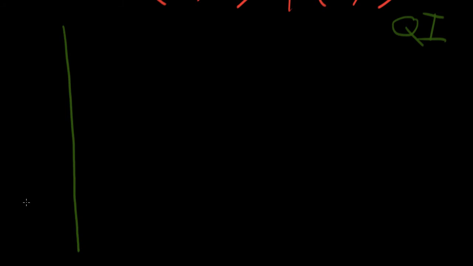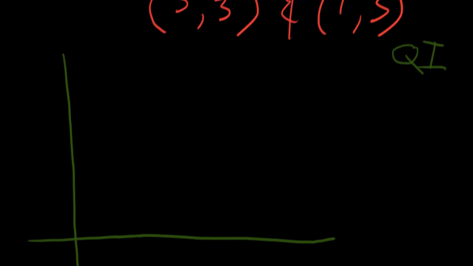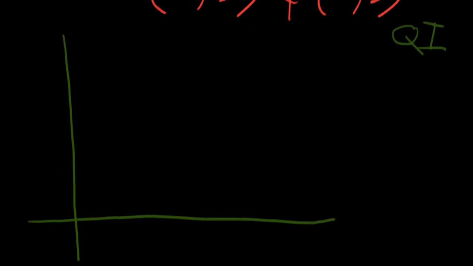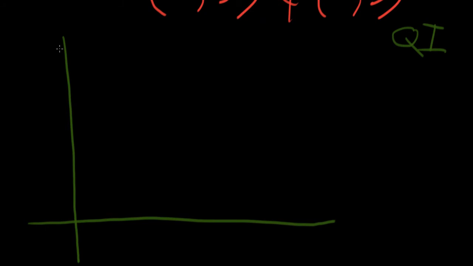My highest x is 5. My highest y is 3. My lowest x is 2. My lowest y is 2. And that kind of becomes important for knowing what you have to put on the graph.